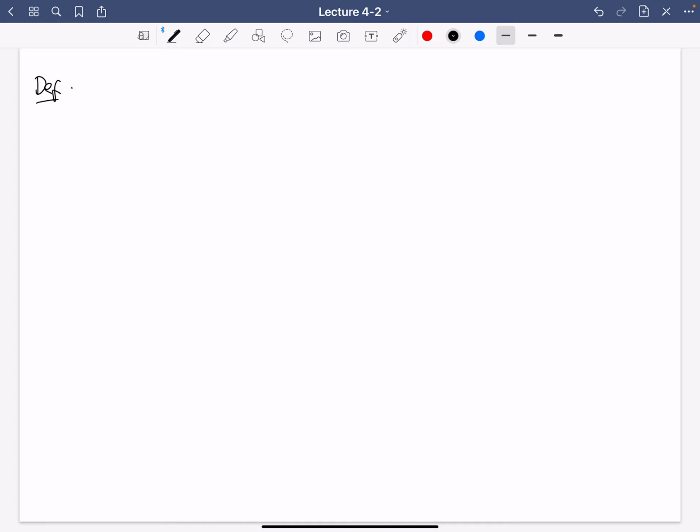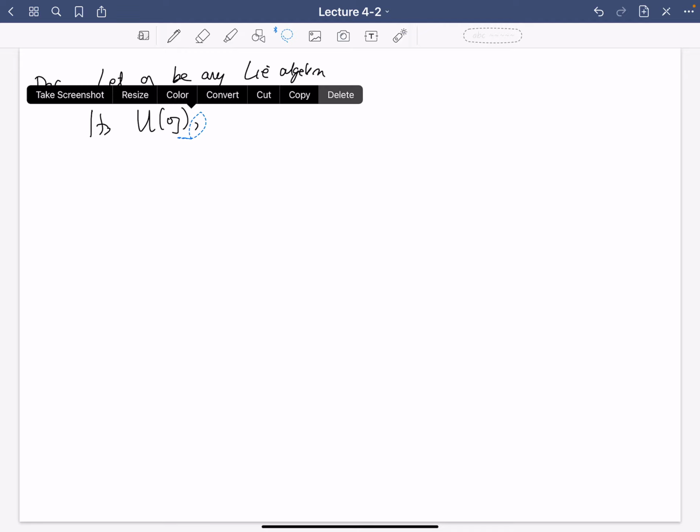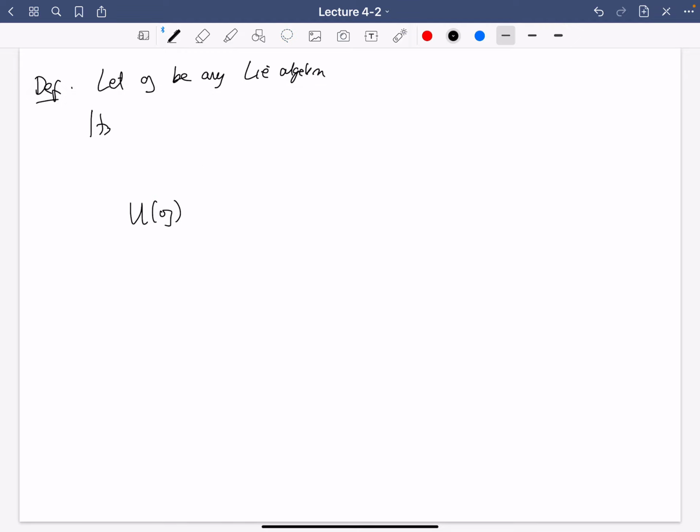So now we come to the most important definition today. This is any Lie algebra. I'm defining what's called U of G, its universal enveloping algebra.